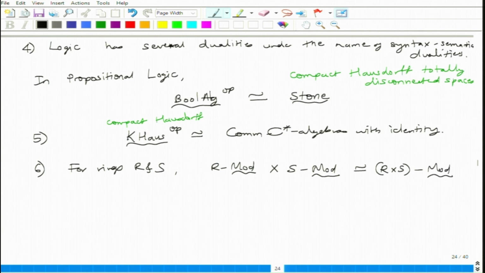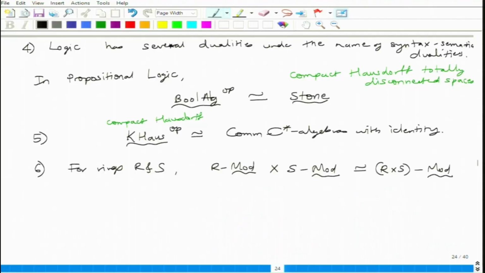What is that product of categories? You just take pairs of objects and pairs of morphisms, pairs of identities. Composition is componentwise. So nothing is odd about it. There are so many examples. I can add more, but let's not just keep doing that.